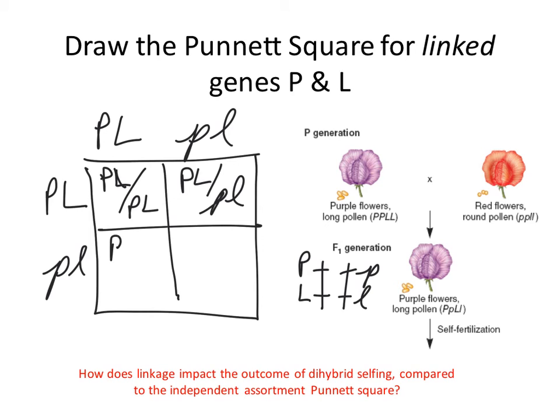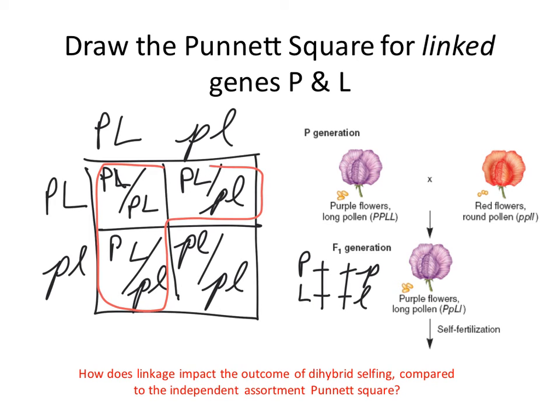So if you fill this in, how many different phenotypes are there? Two. So we've got plants that have at least one big P and at least one big L. So all of those three out of four plants, what's their phenotype?